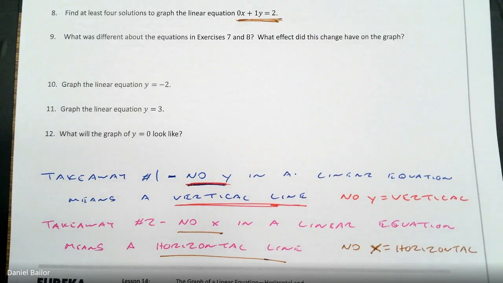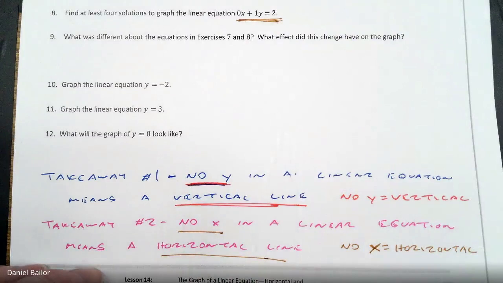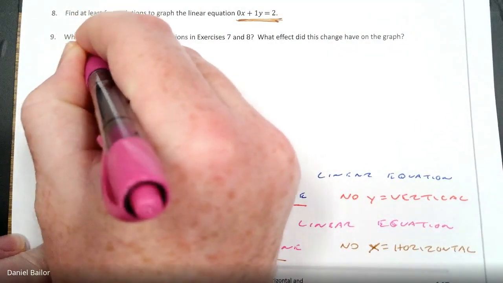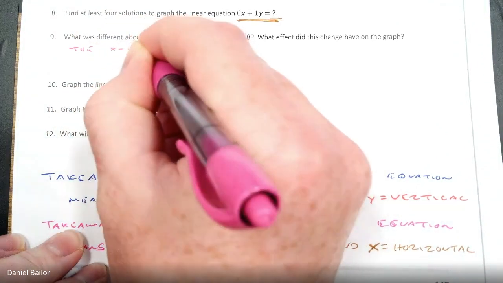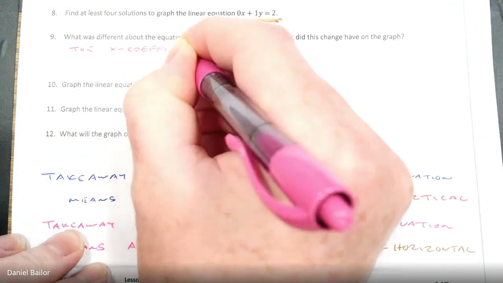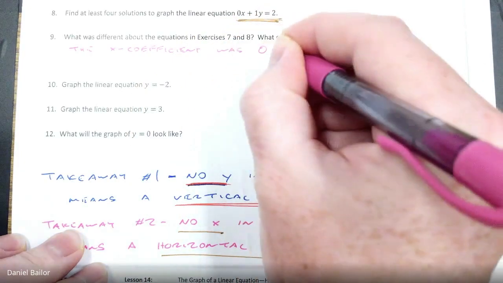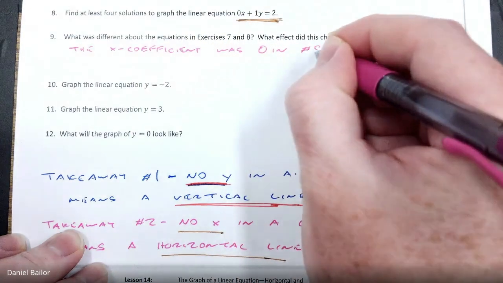So number 9, what's our summary? Number 9 is asking what was different about the equations in lesson exercises 7 and 8. The x coefficient was 0 in number 8.